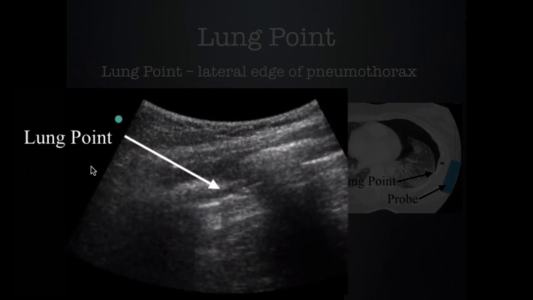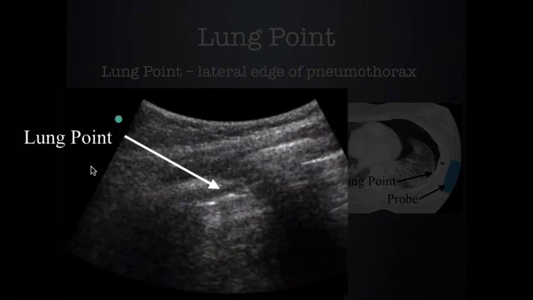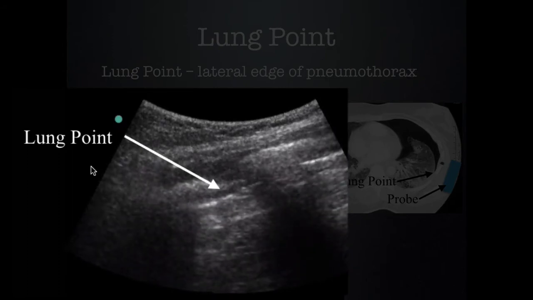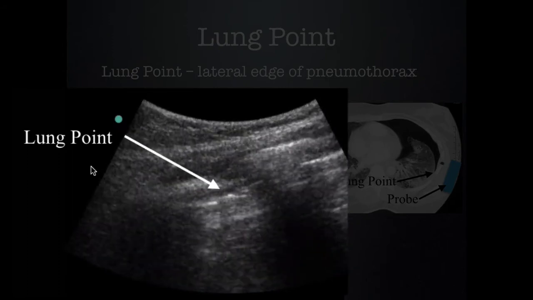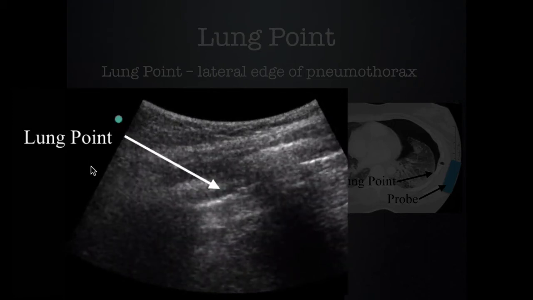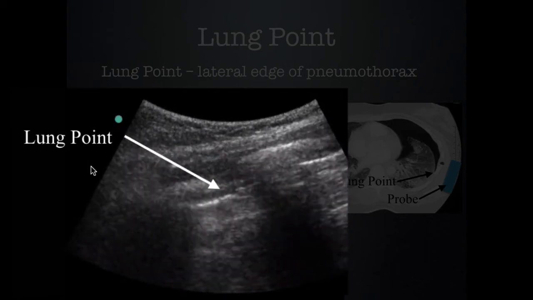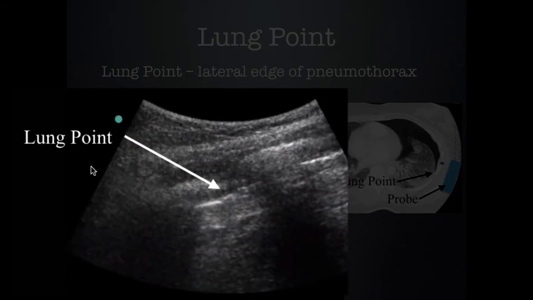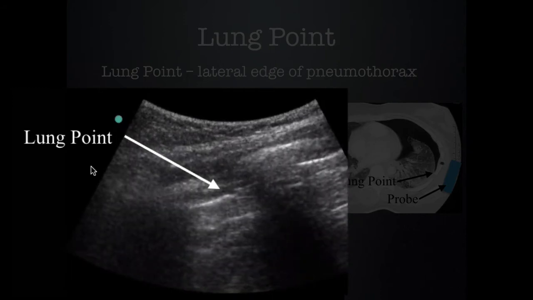And that's what we see here on the image on the left. We can see the lung sliding, we can see that pleural sliding, and just at the edge we can see where it stops. If we go the next rib space, we can see there is no sliding. This is the lung point. This is where the pneumothorax ends and the normal pleura are touching each other once again.